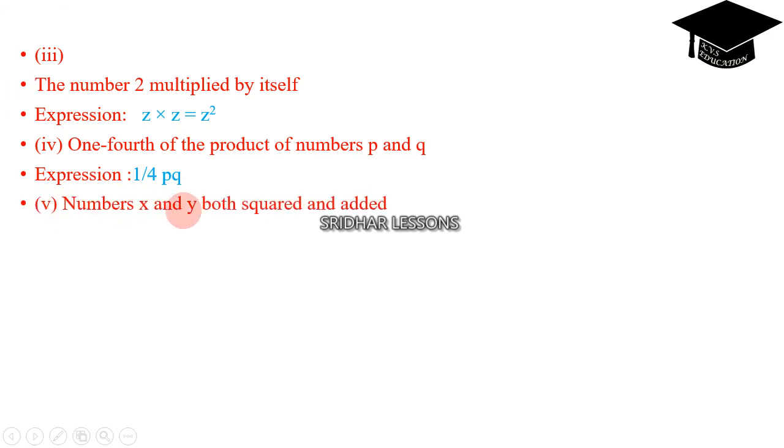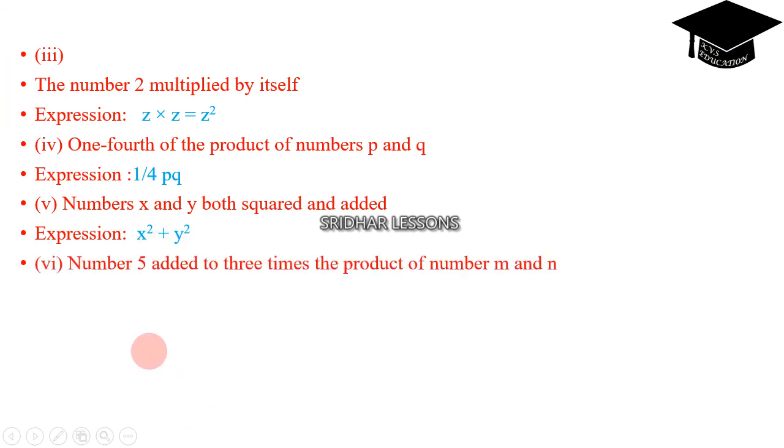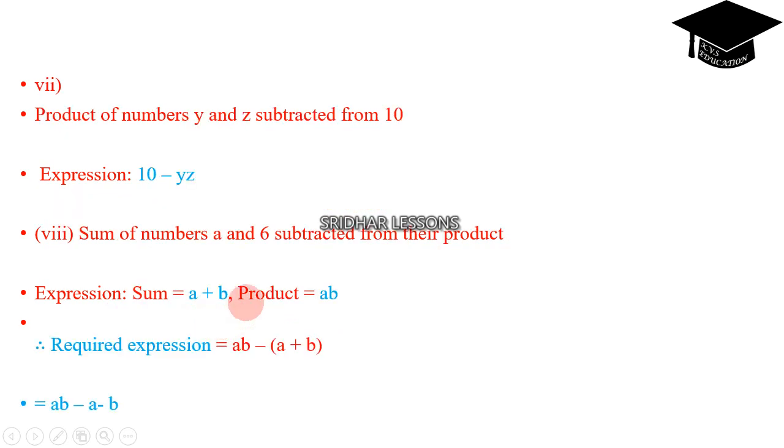Next, the numbers x and y both squared and added. It is very simple, x square plus y square. Next, number 5 added to 3 times the product of numbers m and n. 3 into m into n, because it is the product of m and n 3 times, plus 5 is added. This is the expression.